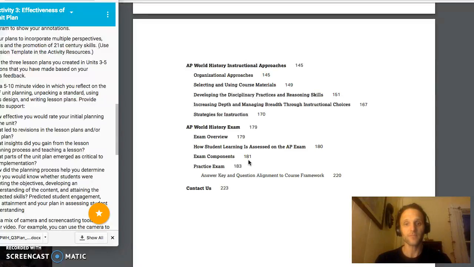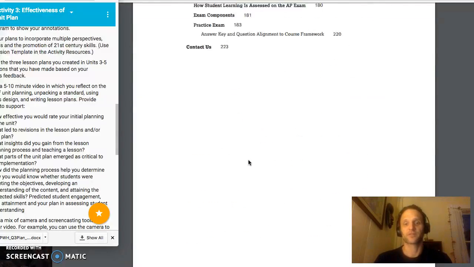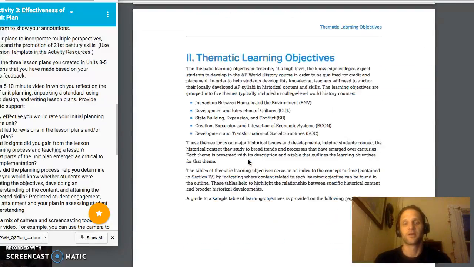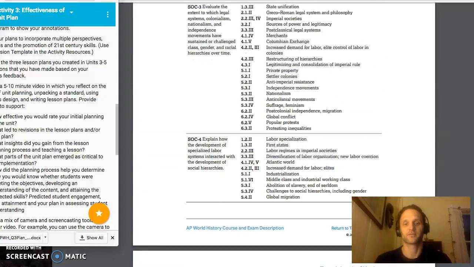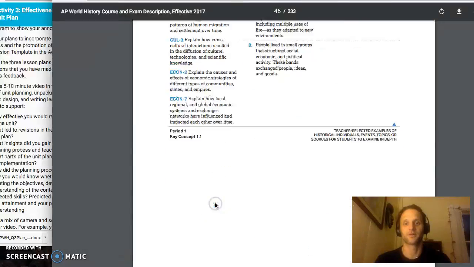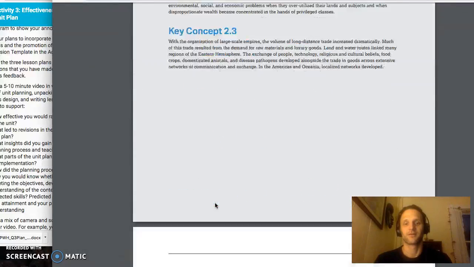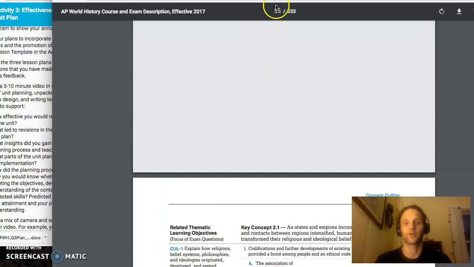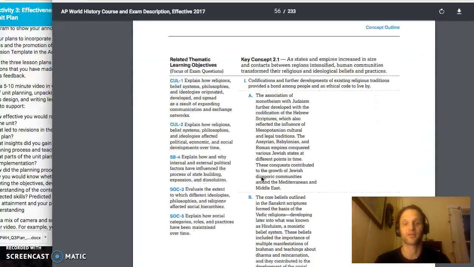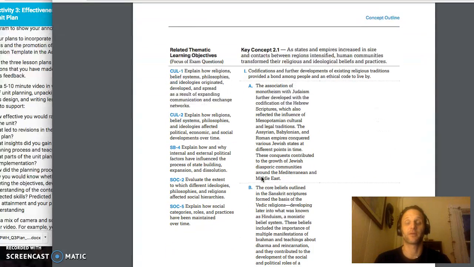If I look for specific key concepts, for example, some of the key concepts we're teaching this quarter, you can see it's a 233-page document that I've had to digest pretty carefully in order to be able to think about how units and individual lessons should be unpacked.